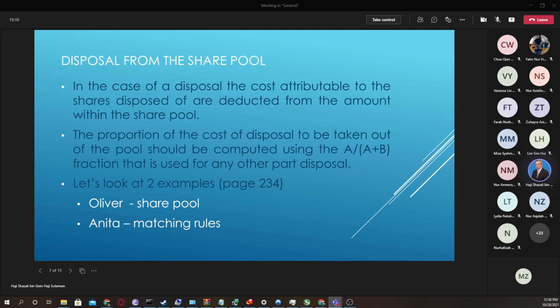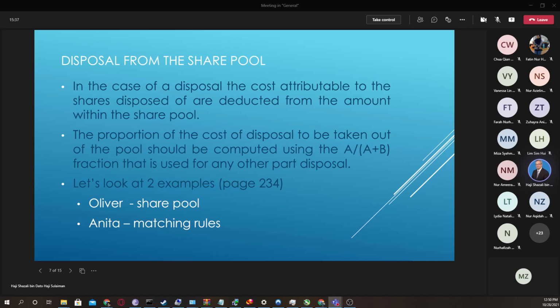So the net gain will be 50 plus 4,296 less a loss of 40, to give a net gain of 4,306. So if she disposed of the 400 shares in subsequent years, then you just take the proceeds of the 400 shares less 1,086 and see whether you have a gain or loss in the future when she does dispose of her shares.